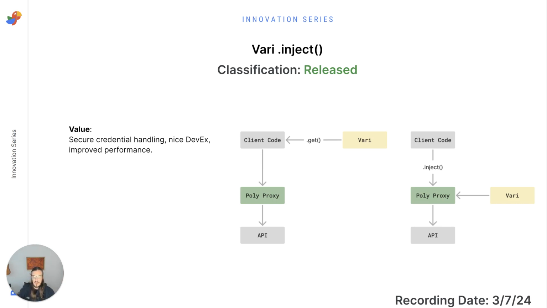And so the more powerful, the greater scoped the tokens or underlying credentials are, the more beneficial the Vari.inject function is, because it really just limits that attack surface area to just that one function instead of the entirety of the power that those credentials have. It's also a really nice developer experience, and like I said, it improves performance.